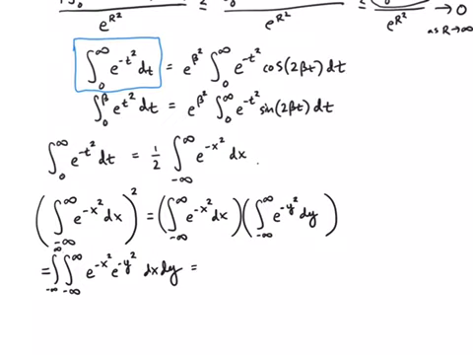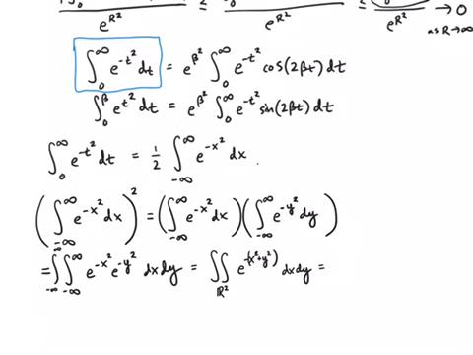And then the fun little trick here is that this is just an integral over R2 of e to the minus (x squared plus y squared) dx dy. Now this is amenable to polar coordinates.